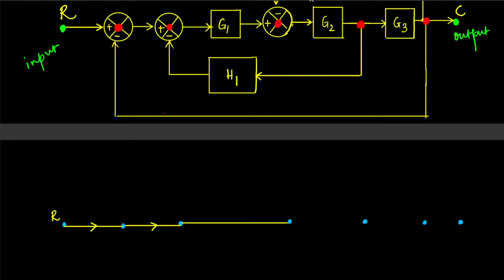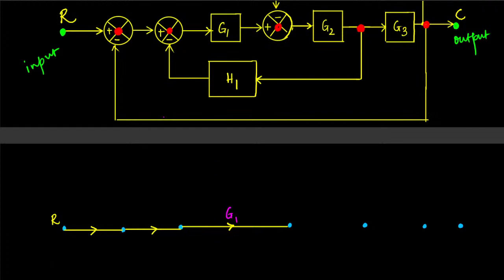All right, so let's put the arrow here, and on top of this graph, let's have a factor that depicts the amplification: G1. As far as the graph is concerned, this value G1, just like those numbers, indicates the amplification of the signal.